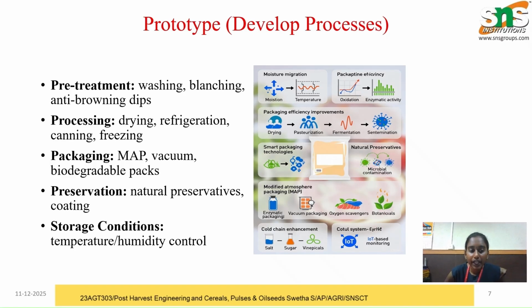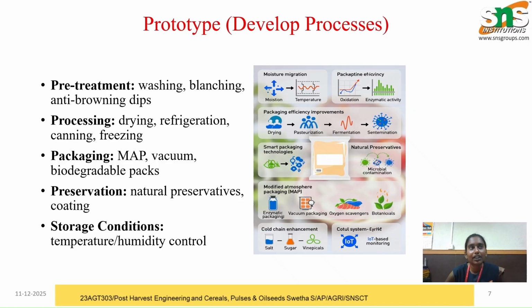There are several types of processing, like drying. Various types of dryers are there: thin layer dryer, grass floor dryer, vacuum dryer, tray dryer, and lyophilizer. Refrigeration, like vapor compression and vapor absorption methods, is also used. Canning and freezing are also there. There are various types of packaging like MAP, vacuum, and biodegradable packs, and preservation with natural preservatives.